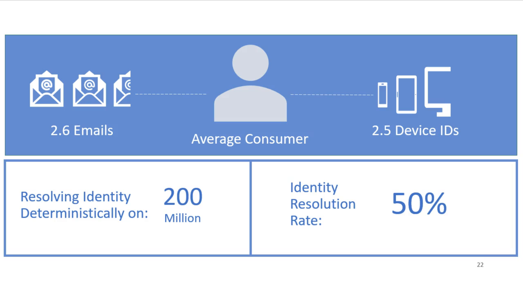Our identity graph contains the deterministically resolved identity of Amy and more than 200 million other U.S. consumers just like her. On average, we resolve the identity of 50% of the visitors to any website, which we can then match up with 2.6 emails and 2.5 device IDs on average per person.